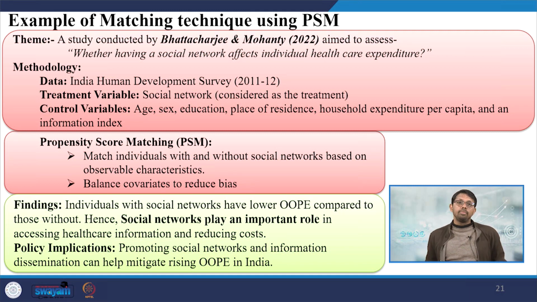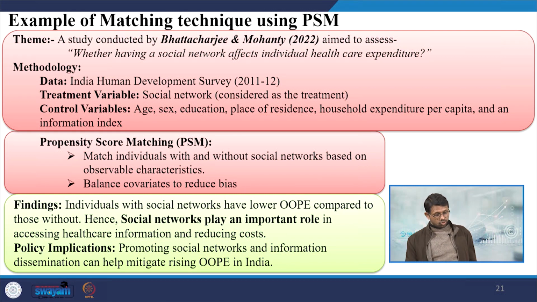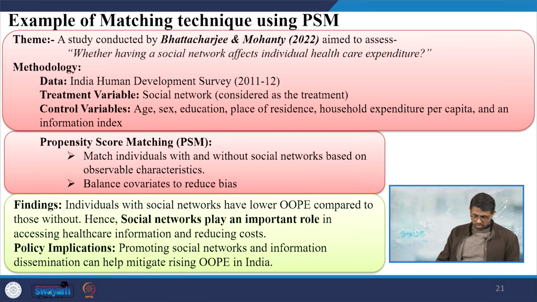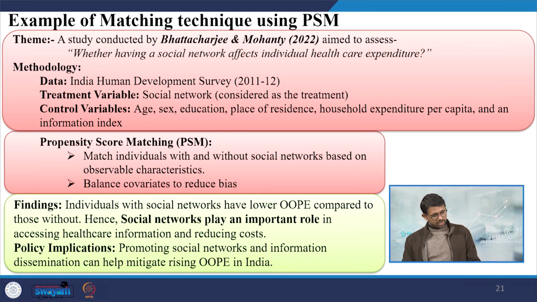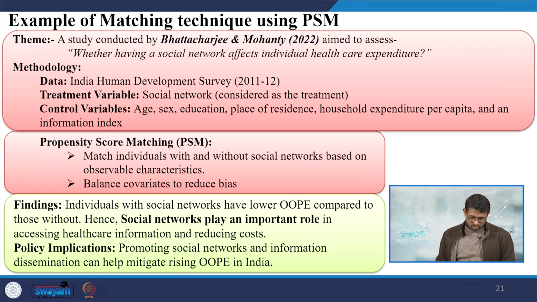Hence, social networks play an important role in accessing healthcare information and reducing cost. It has strong policy implications because improving social networks and information dissemination would mitigate to a great extent the out-of-pocket expenditure of individuals and households in India.